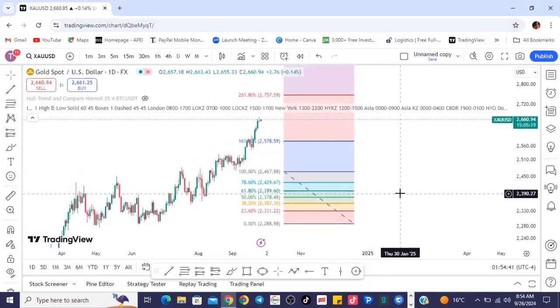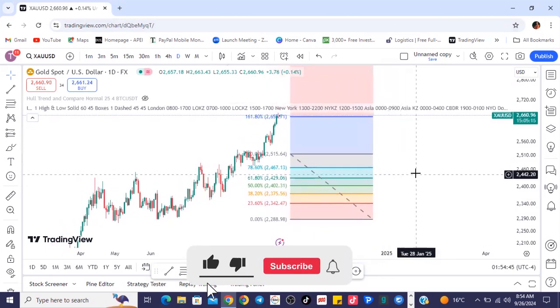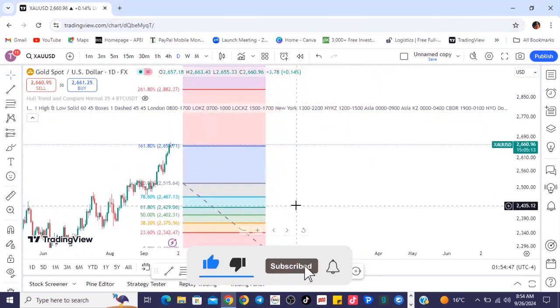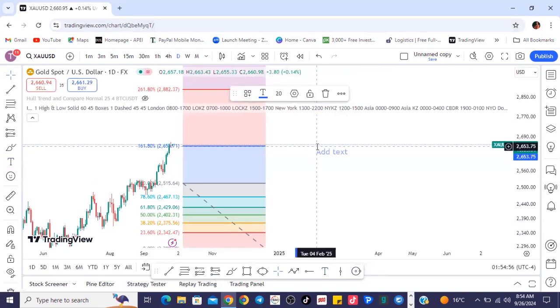Now, when you want to use this Fibonacci, the first thing that you need to understand is the retracement levels. So what are the retracement levels for the Fibonacci?